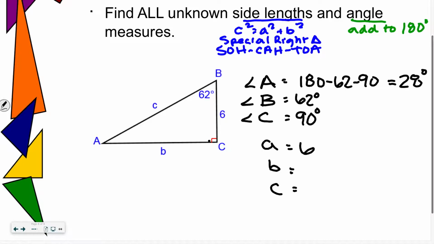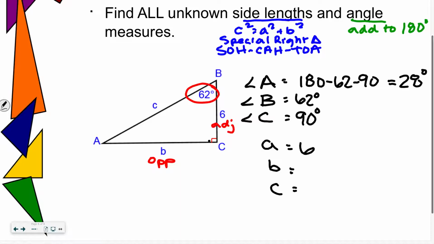So can't you plug in tangent of 62? And then I don't remember what you do with 6. Okay, so you're going to use trig, right? We don't have enough information right now to use the Pythagorean theorem. I love that idea. You could go off of angle A or angle B, but Lexi's talking about angle B. And she says B is the opposite side and C is the adjacent side.